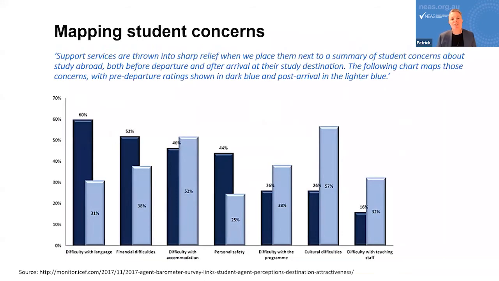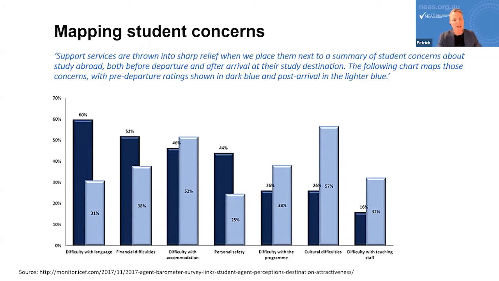But students' concerns are changing all the time, aren't they? And they're different before they come, and then they're different after they've come. And this is an interesting data set here that talks to difficulties that students have, looking at their concerns. It's a little bit outdated, it's from 2017, but I don't think things have changed much. I've seen recent surveys and students are still saying the same thing.